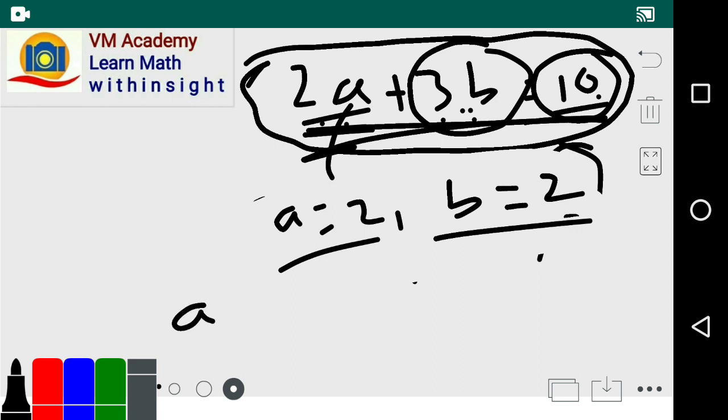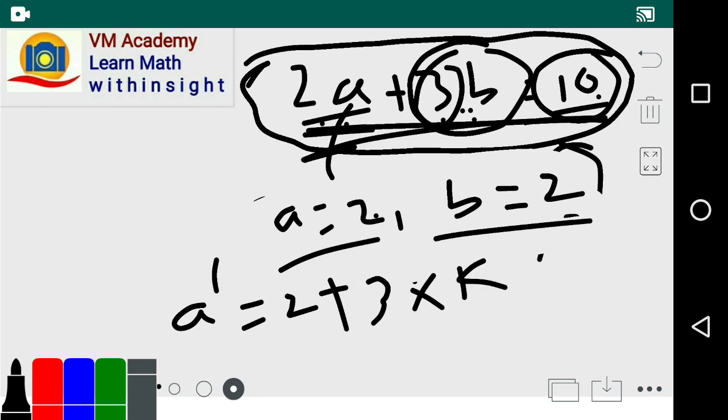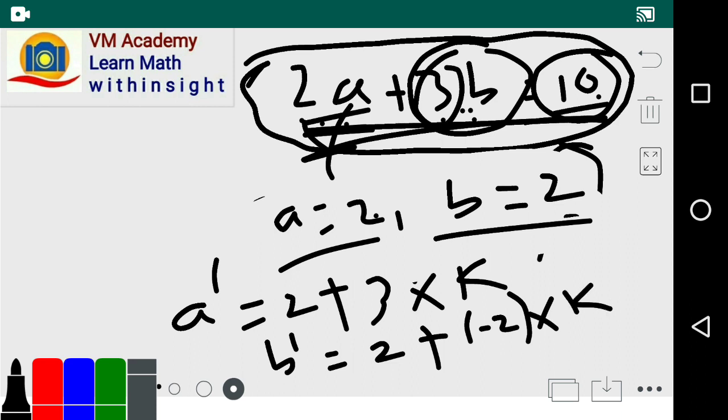A dash equal to this initial 2 plus coefficient of B, 3, into K, where K is an integer, and B dash equal to 2 plus, now minus 2 into K, where K is an integer, friends.